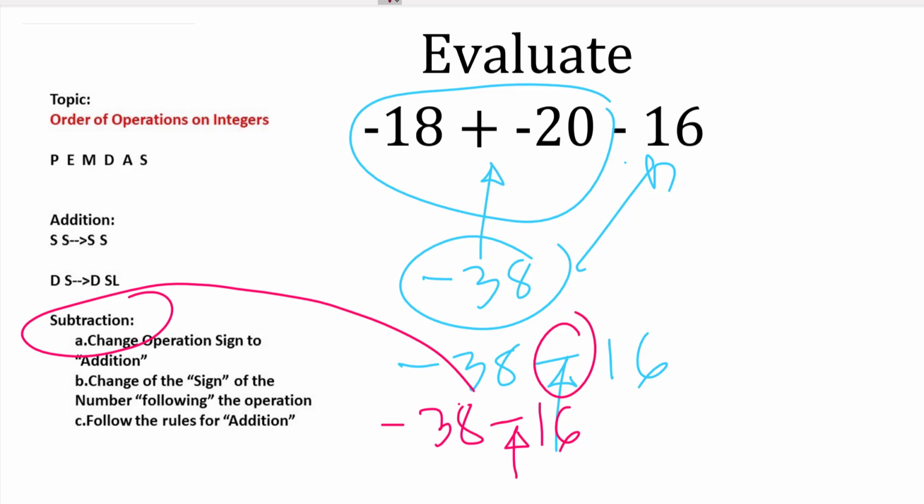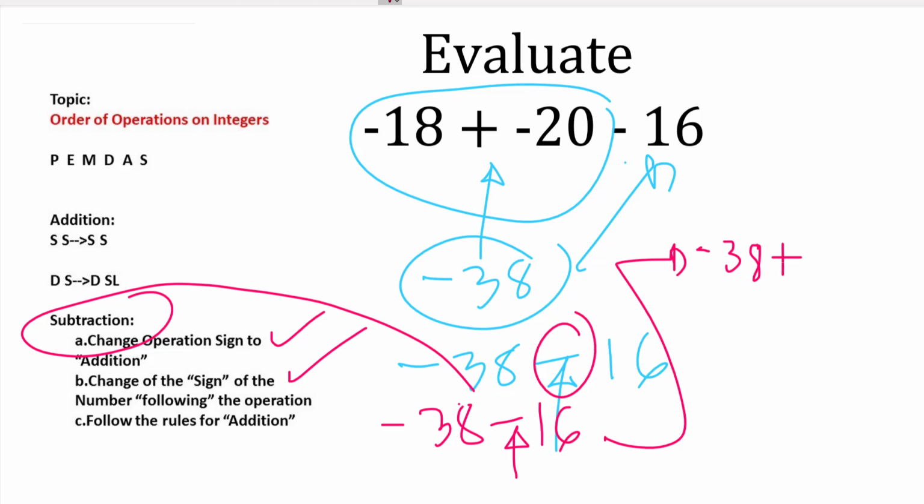Change the operation sign to addition, so this becomes an addition now. It will be minus 38 plus, that's an addition. Then change the sign of the number following the operation.